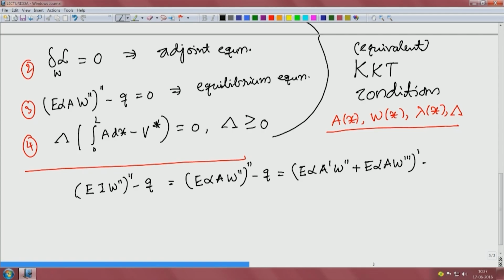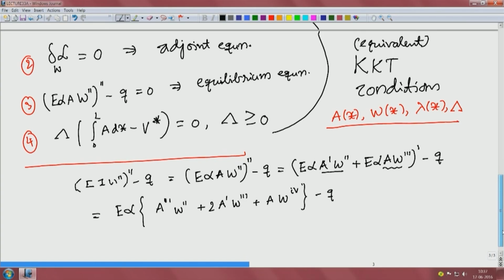We have done differentiation once, q remains as it is. One more time, I think it is safe to take E alpha outside, that will be there in all of them. We have A double prime w double prime plus A prime w triple prime, that I am going to put 2 here because when I take the derivative of this I get A prime w triple prime, product rule, and then A into w fourth derivative minus q.